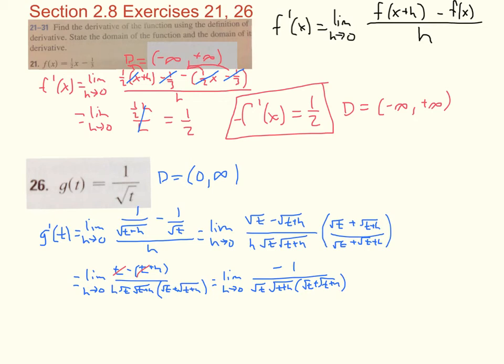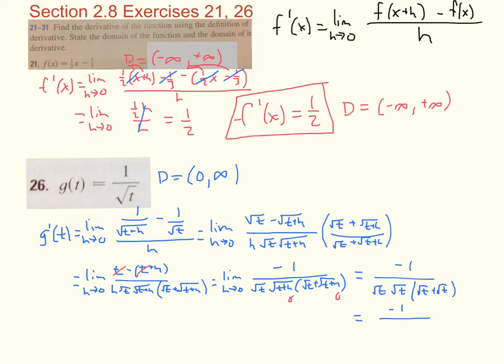Now when I take the limit as h approaches 0, I can substitute in 0 for h in each of these parts and see what happens. It's not going to cause me any problems this time, so I'm going to have negative 1 over the square root of t times the square root of t times the square root of t plus the square root of t. And so when I work that out, what I get is negative 1 over the square root of t times the square root of t is going to give me a t.